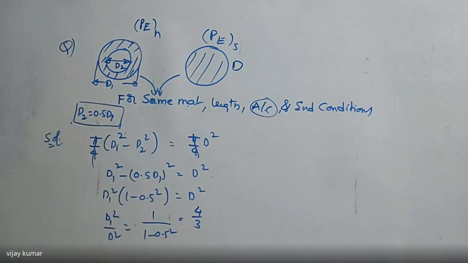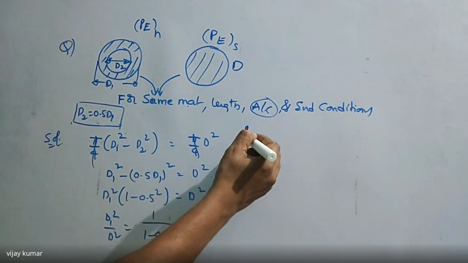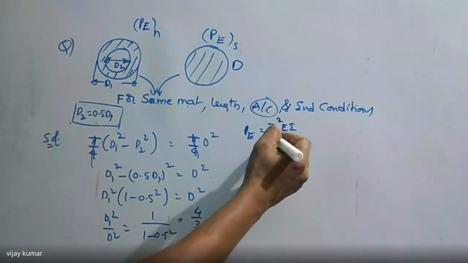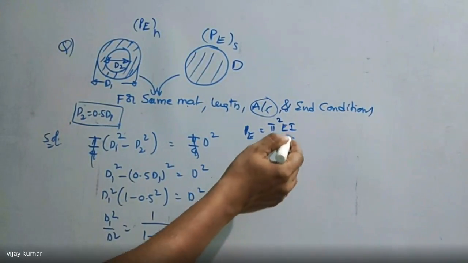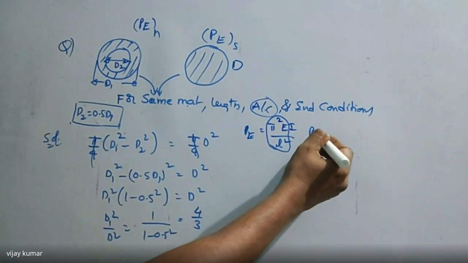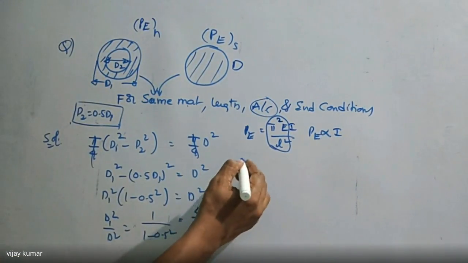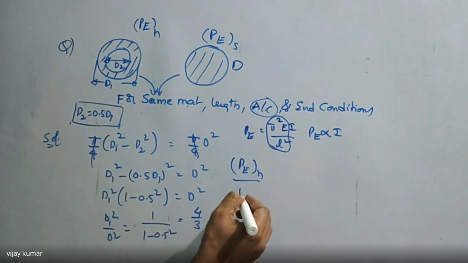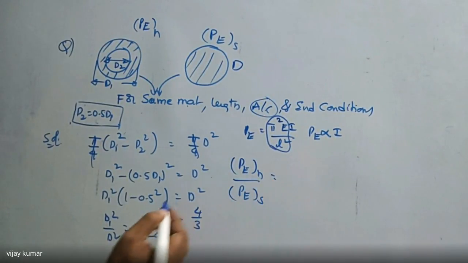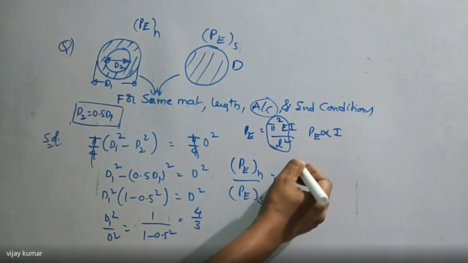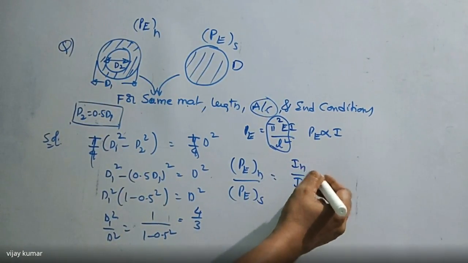So now here, buckling load for hollow divided by buckling load for solid. If both conditions are same here, P is equal to pi square into E into I divided by L square. So this length is same, so entirely common. So P is directly proportional to the I value. So here P of hollow divided by P of solid is equal to IH divided by IS.